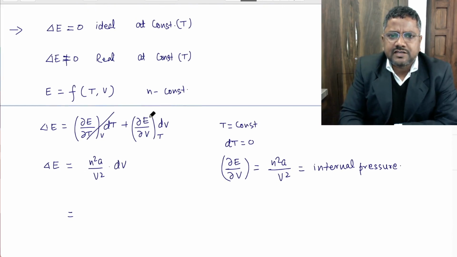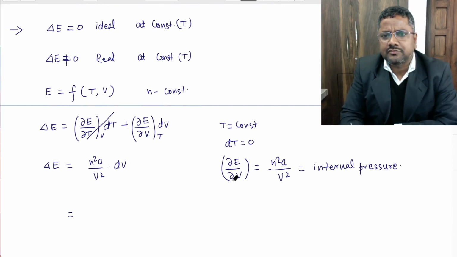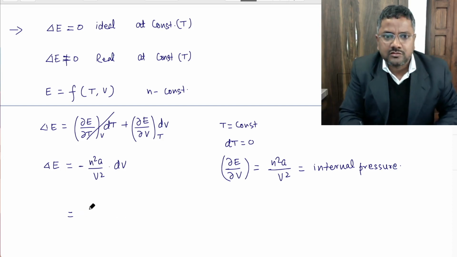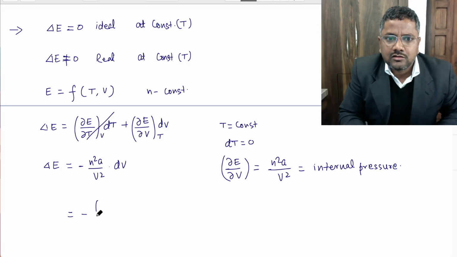Negative sign will come here because with the increase in volume, internal energy will decrease. So we can write minus integral from 1 to 2 of n square a dV by V square.